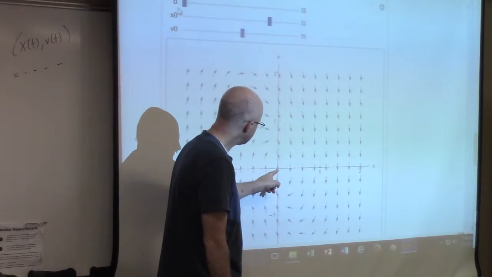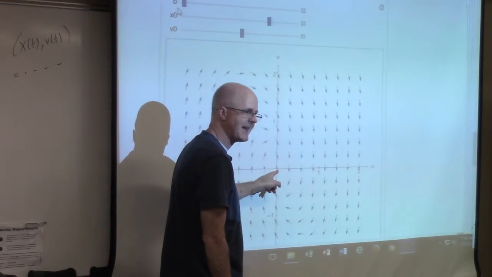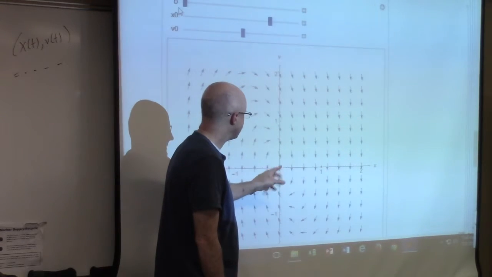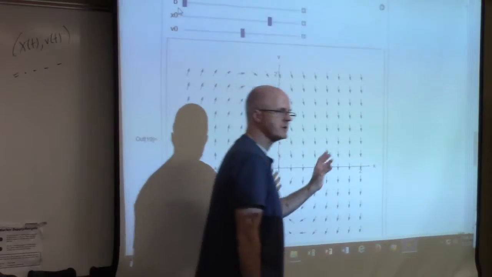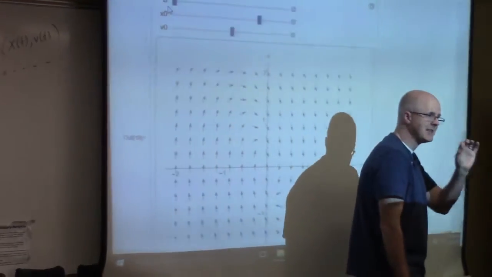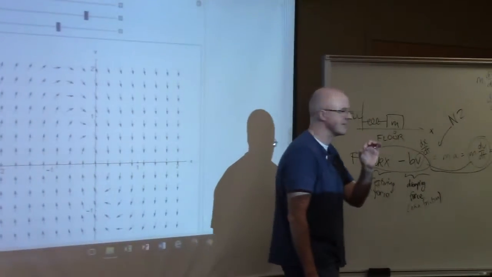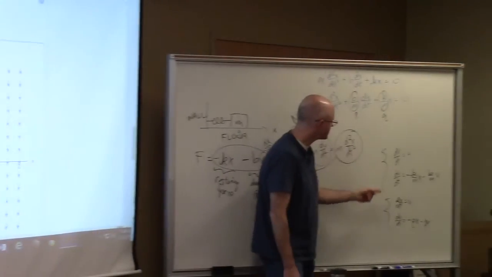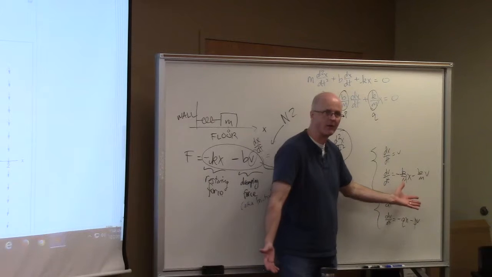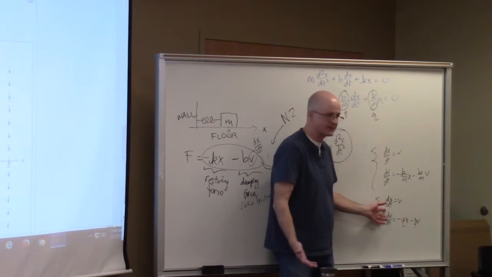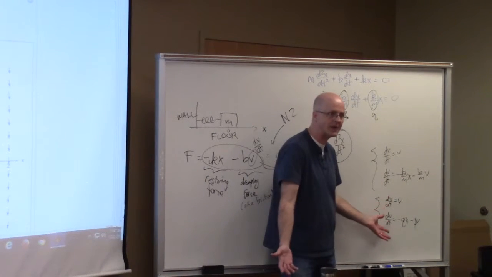at the origin. Now you see a little arrow near the origin there. That is actually not the arrow that would be based at the origin. The arrow that would be based at the origin for the vector field would actually be just a dot, an arrow with no length, because when x and v are both 0, the right-hand sides of these equations are both 0. The derivatives of the solutions are 0 all the time.